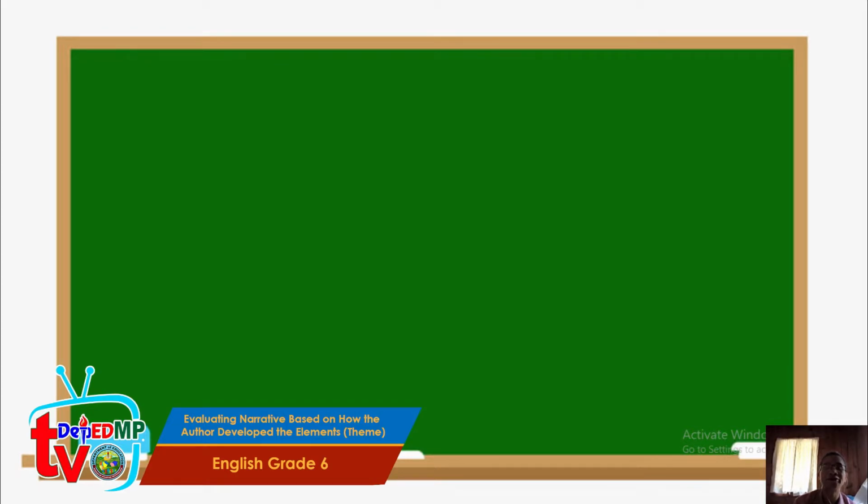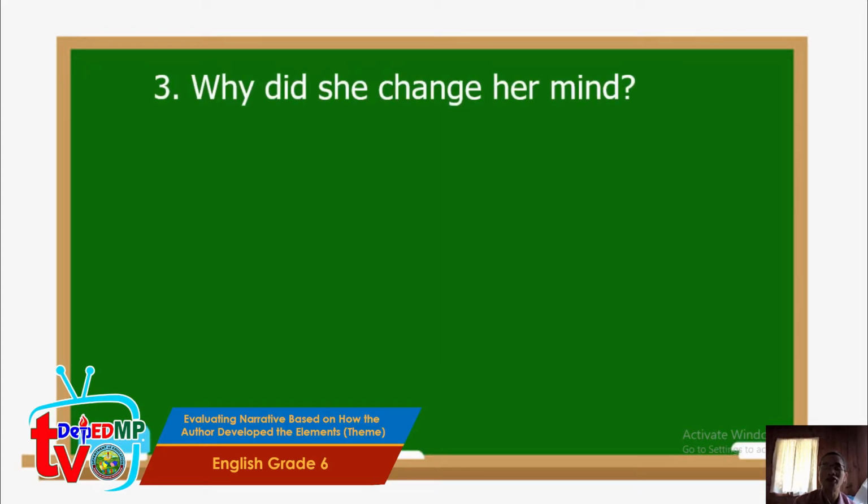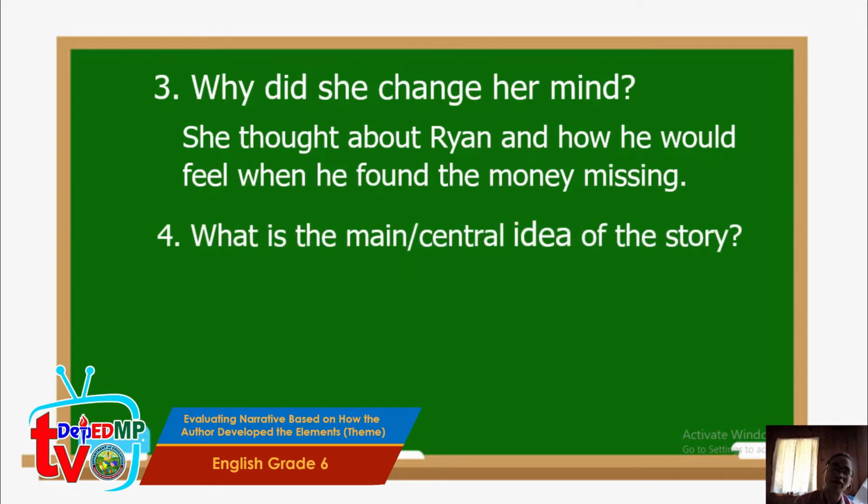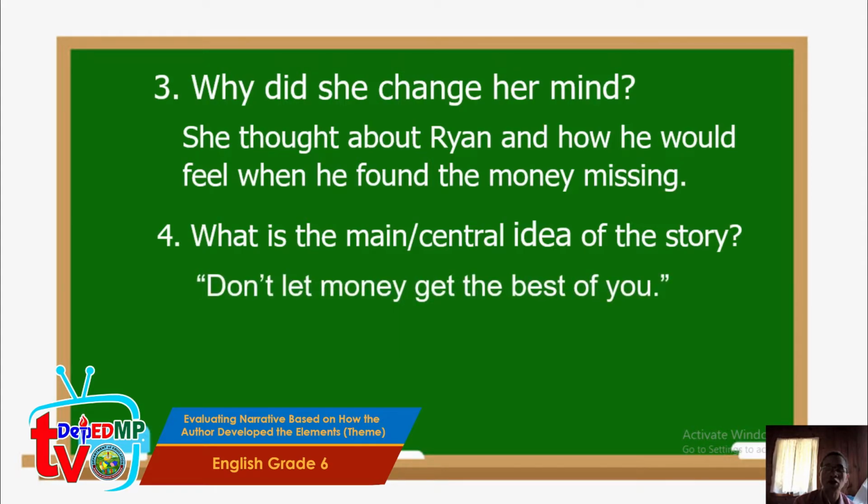Correct. Number 3, why did she change her mind? She thought about Ryan and how he would feel when he found the money missing. Number 4, what is the main or central idea of the story? Yes, don't let money get the best of you.